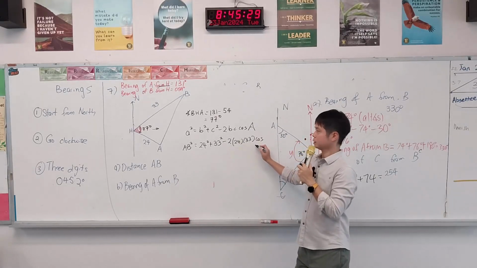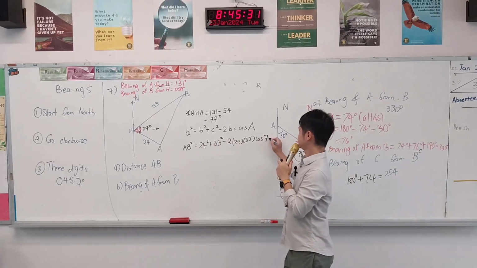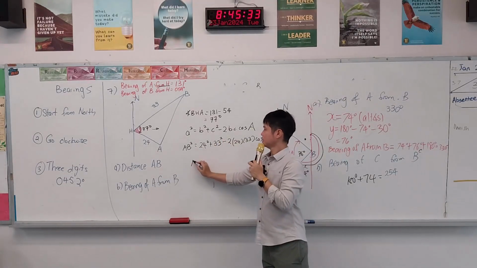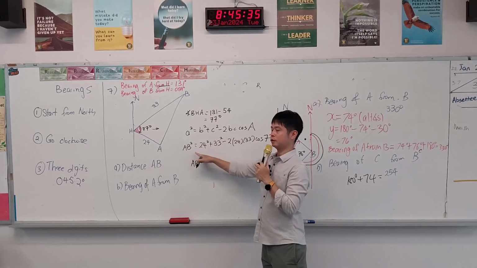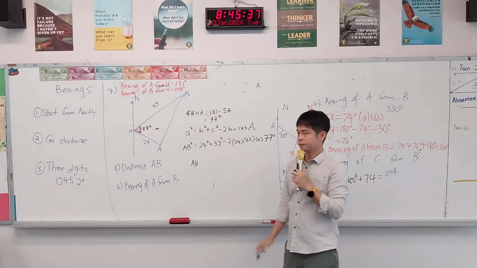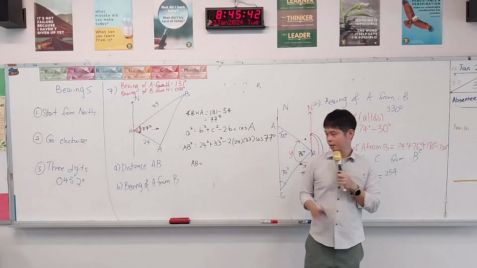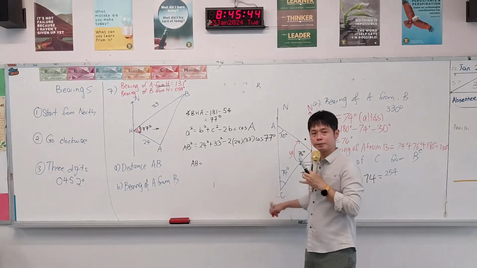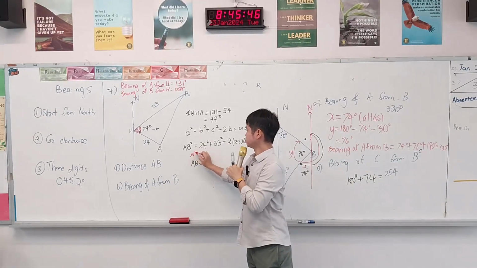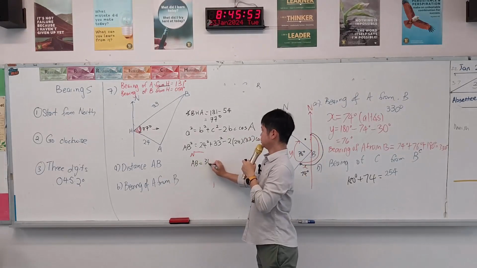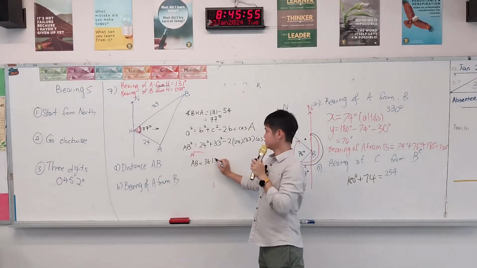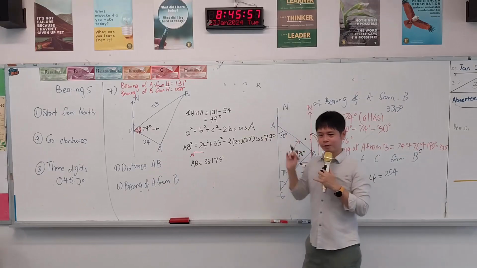Cosine? 77. After you found the answer, please remember to square root. Can someone help us to find AB? Please remember to square root. Okay, please remember to square root. 36.175. I just realized I never erased this.